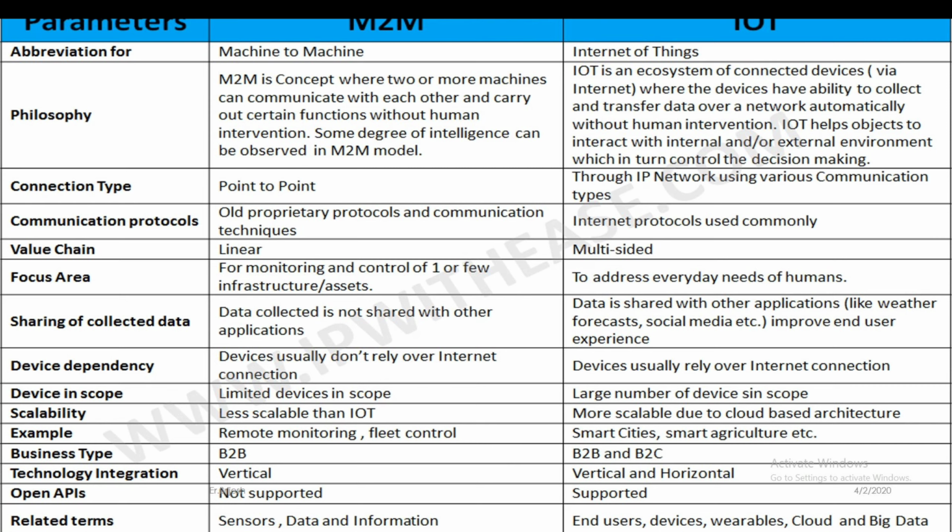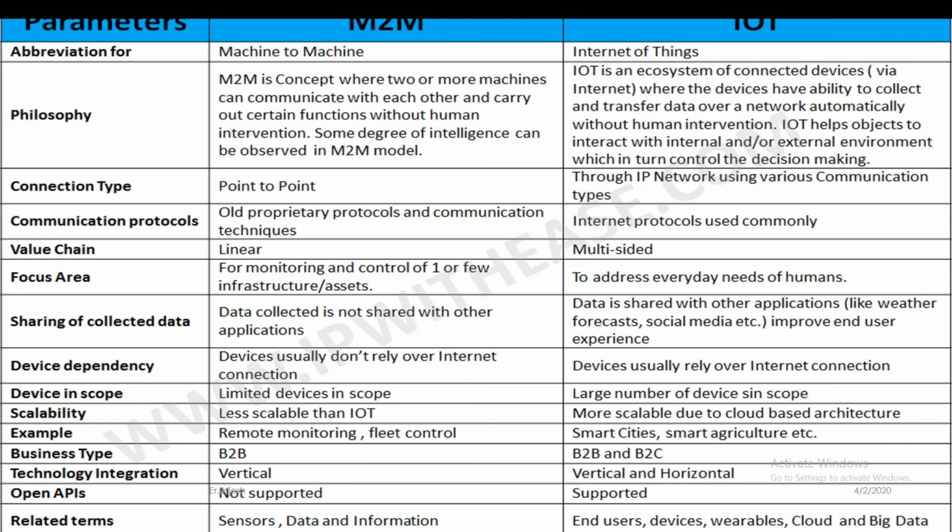M2M is for monitoring and control of one or a few infrastructure assets, but IoT addresses everyday needs of humans. In M2M, the collected data is not shared with other applications, but in IoT, data is shared with other applications like weather forecast, social media, etc., and improves user experience.